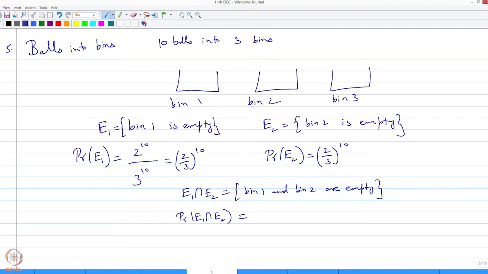You cannot put it in bin 1 or bin 2, you should put it only in bin 3. So there is only one possibility, which you can call 1 power 10, divided by 3 power 10. That is the probability of E1 intersect E2, and you can quickly check this is not equal to the probability of E1 times the probability of E2.